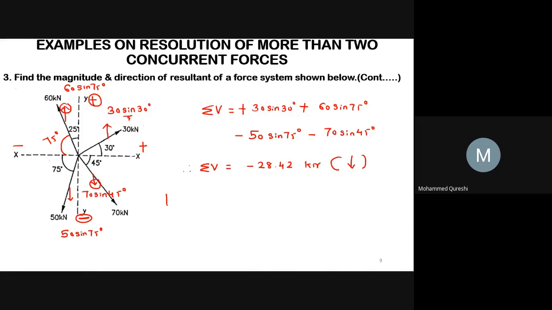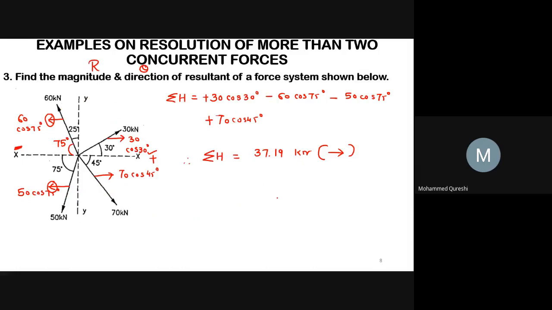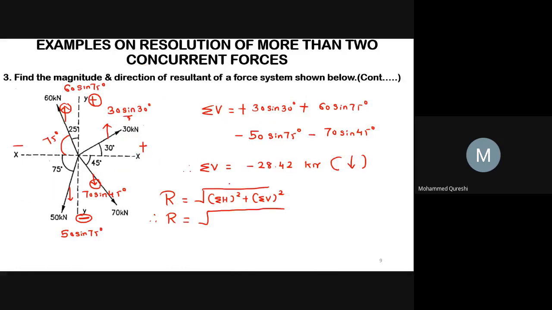Now we have to calculate the value of capital R as under root of sigma h square plus sigma v square. Therefore capital R equals to, putting the values of sigma h as 37.19, 37.19 square plus sigma v is nothing but minus 28.42 square.